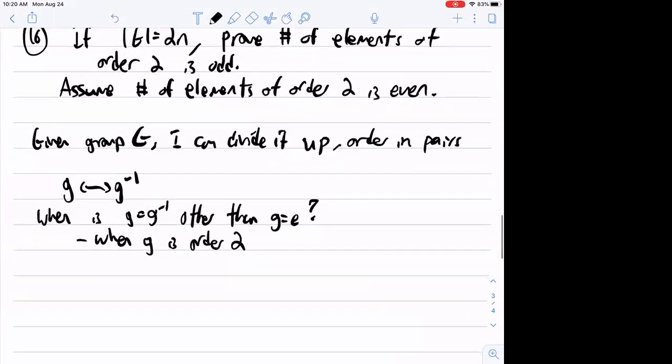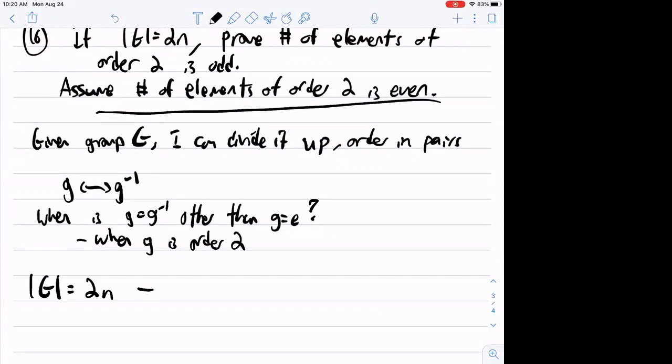So I could pair things up, right? So I have order of G, which is 2n, which is even, minus the number of elements of order 2, so we assume this is even. These are their own inverse, right?